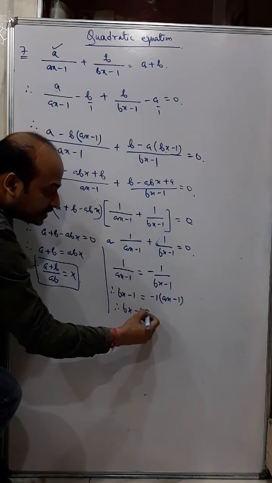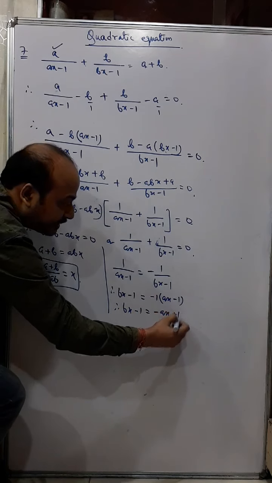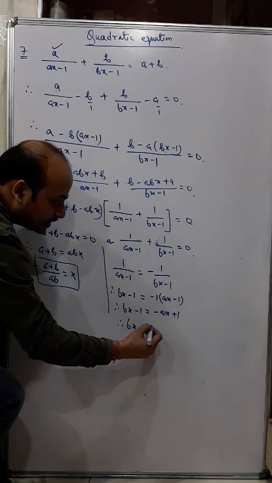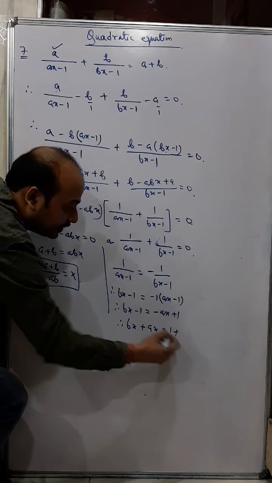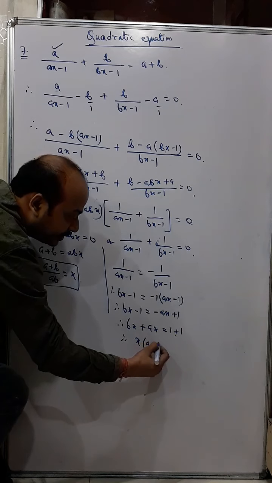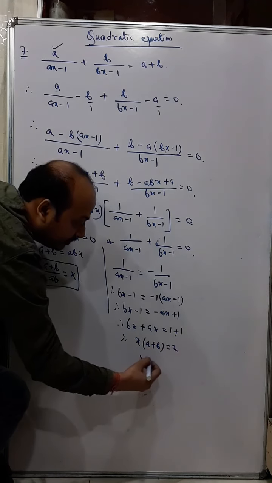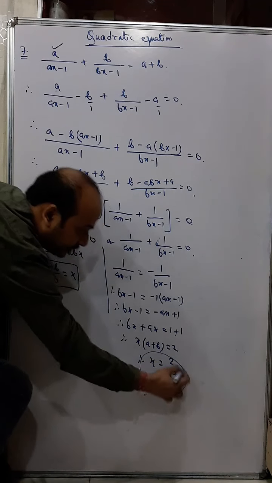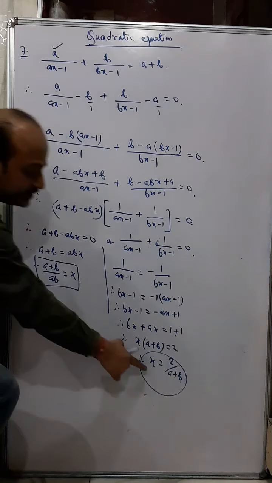So bx minus 1 is equal to minus ax plus 1. And now bring all the x on one side and you get there 1 plus 1. I can take x common, so I get a plus b equals to 2, and finally I get x equals to 2 by a plus b. So we got the two values, x is this and x is that. Okay.